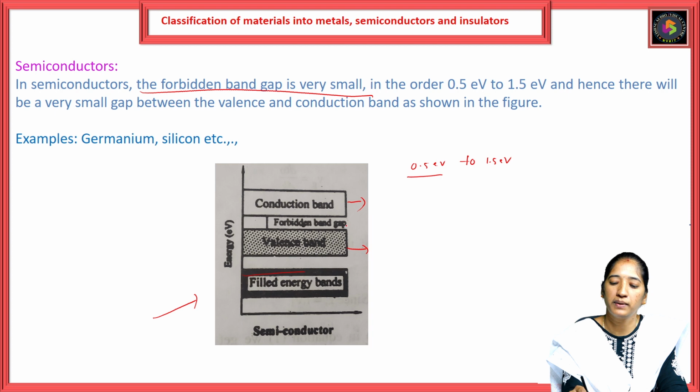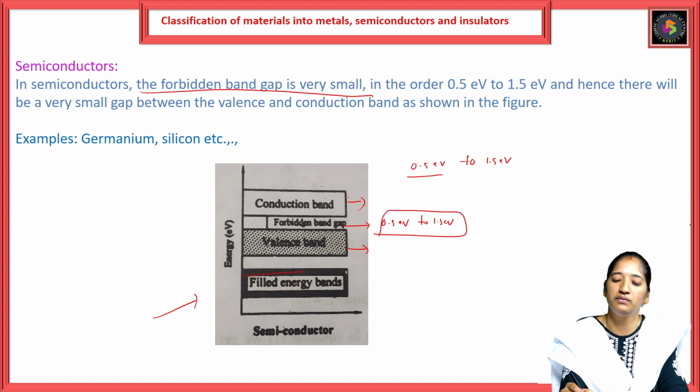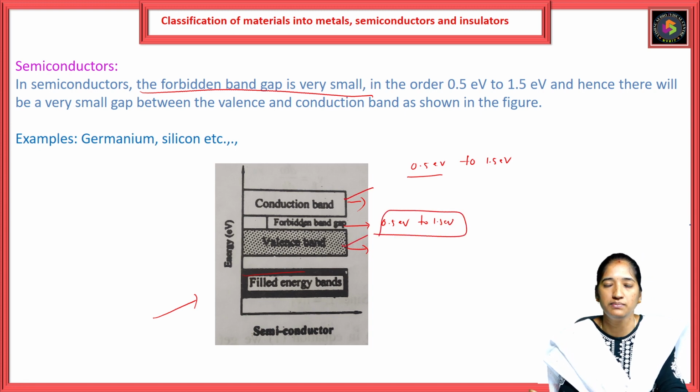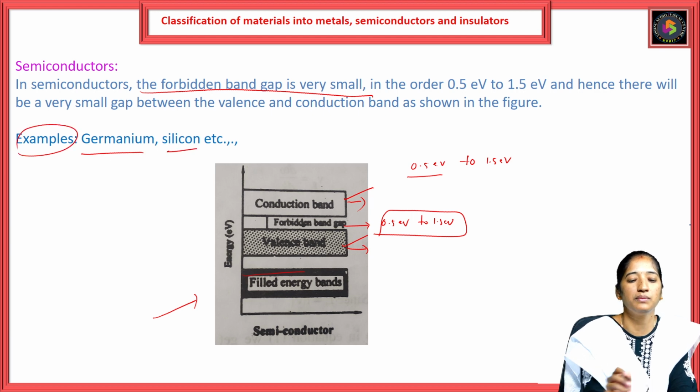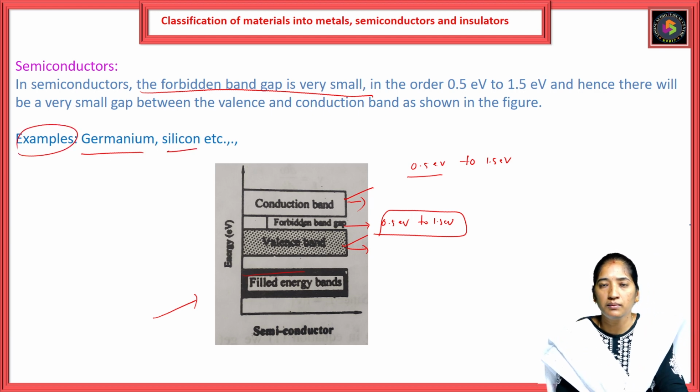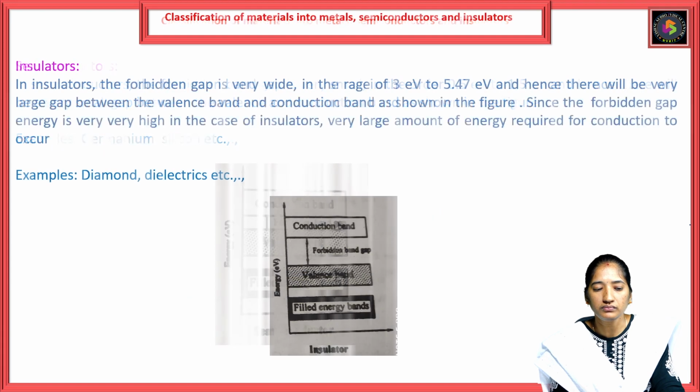So this is the forbidden band gap, about 0.5 electron volts to 1.5 electron volts, between the conduction band and the valency band. So this is a semiconductor. The best examples of semiconductors are germanium and silicon.